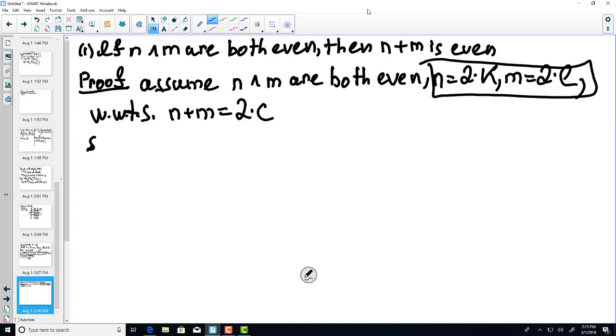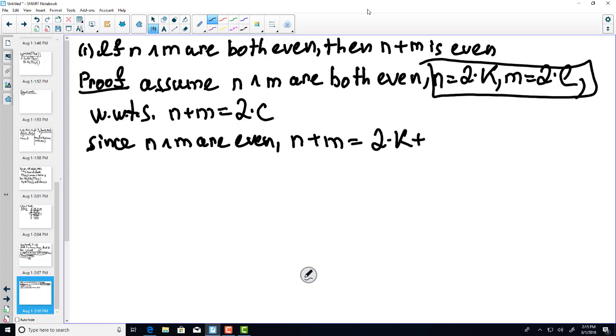Since n and m are even, we can write that n plus m is equal to 2 times k plus 2 times l, which is equal to 2 times (k plus l).